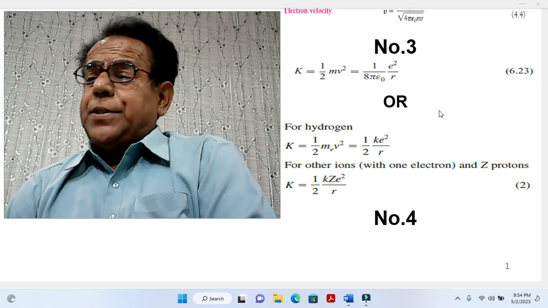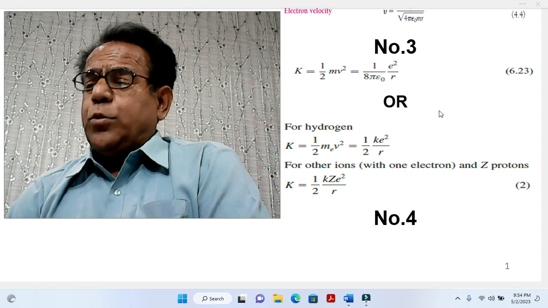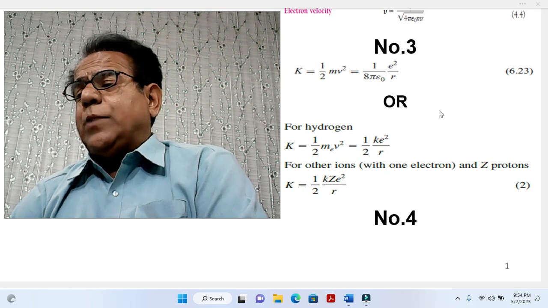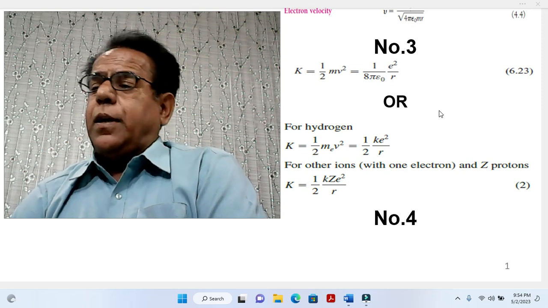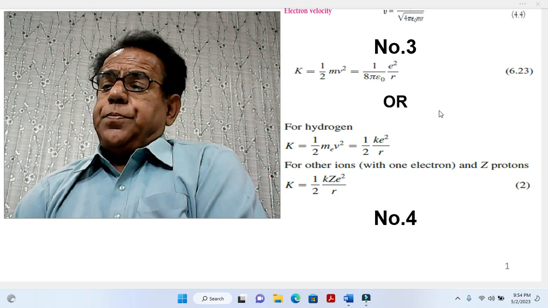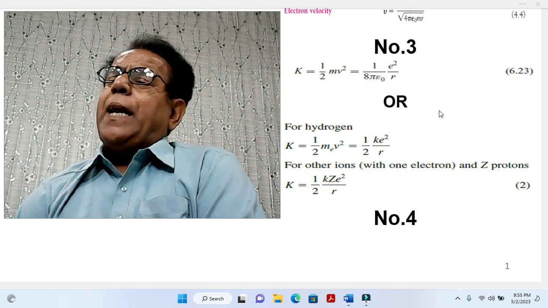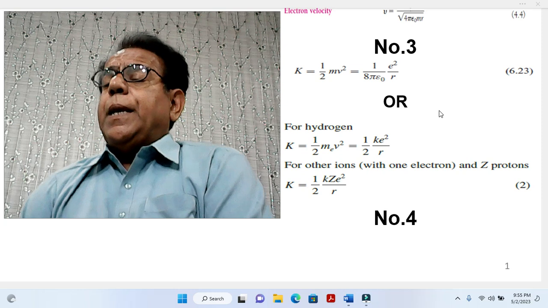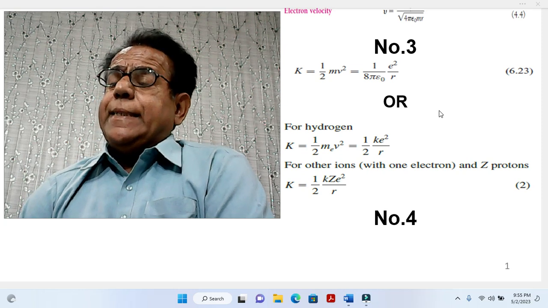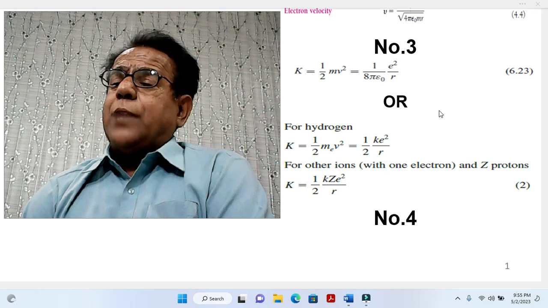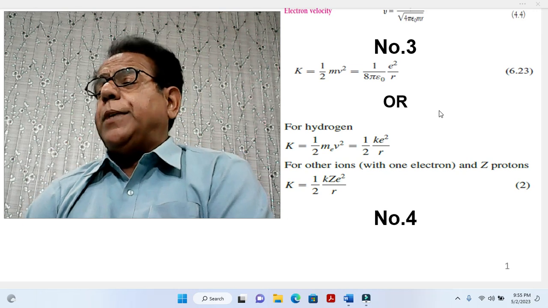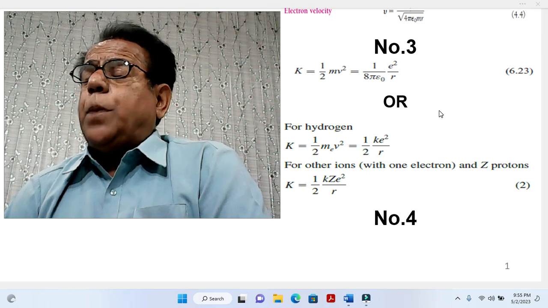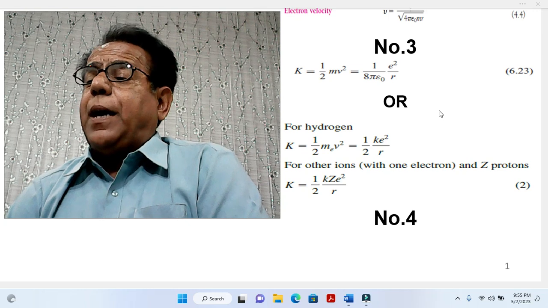So the alternate version of tool number 3 says that for hydrogen, kinetic energy is equal to half m_e v square, which is equal to half k e square over R. Yes, exactly the same as above. What is the difference? The only difference is that here with mass, e is written as a subscript, which means the mass of the electron. Moreover, in place of 1 over 4 pi epsilon naught, the Coulomb constant or electrostatic constant small k has been used.